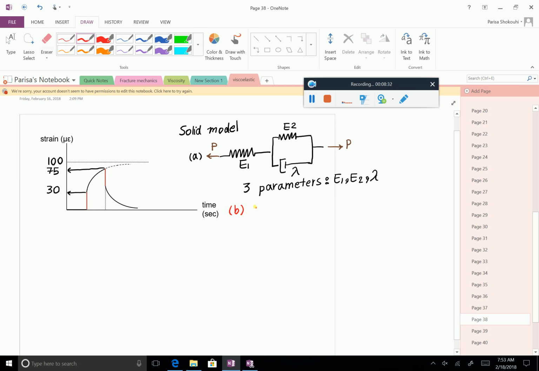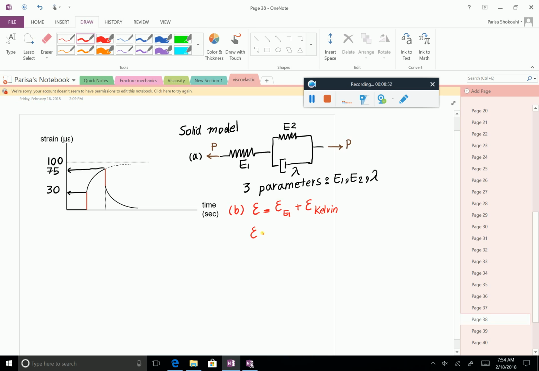The total strain here is basically a combination of the strain from the spring plus the strain from the Kelvin model.